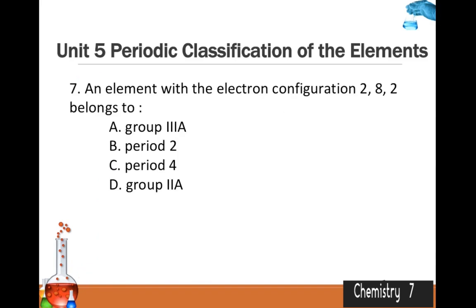An element with an electron configuration of 2, 8, 2 belongs to Group 3A, period 2, period 4, or Group 2A?